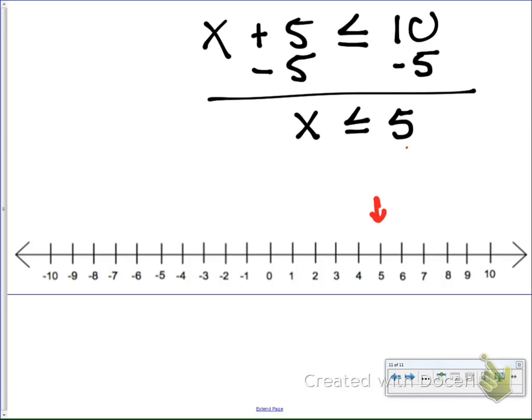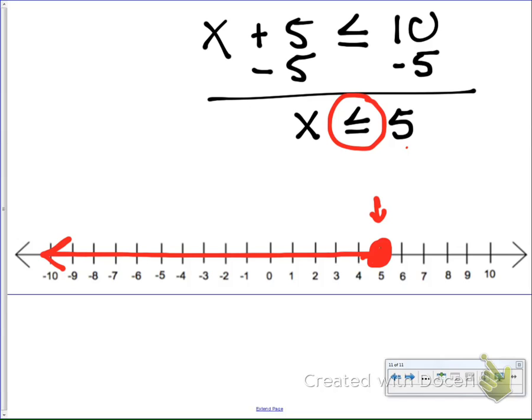But since I have less than or equal to, that means 5 can be an answer. That's included in our solution. So this time, instead of an open circle, I have a closed circle. Then again, since it's less than, I want all numbers less than 5, so my arrow goes off to the left.